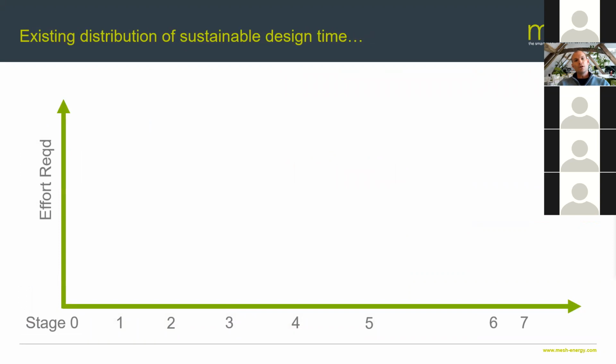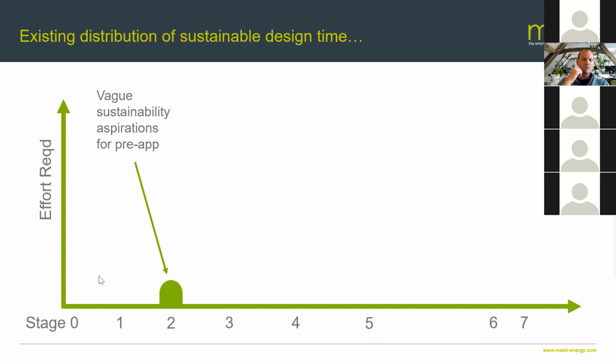So the question is at the moment, how are projects spending their time in these phases? And how are people traditionally tackling design projects? And the answer is this: often there's very little done in those early stages, stage 0, 1 and 2.